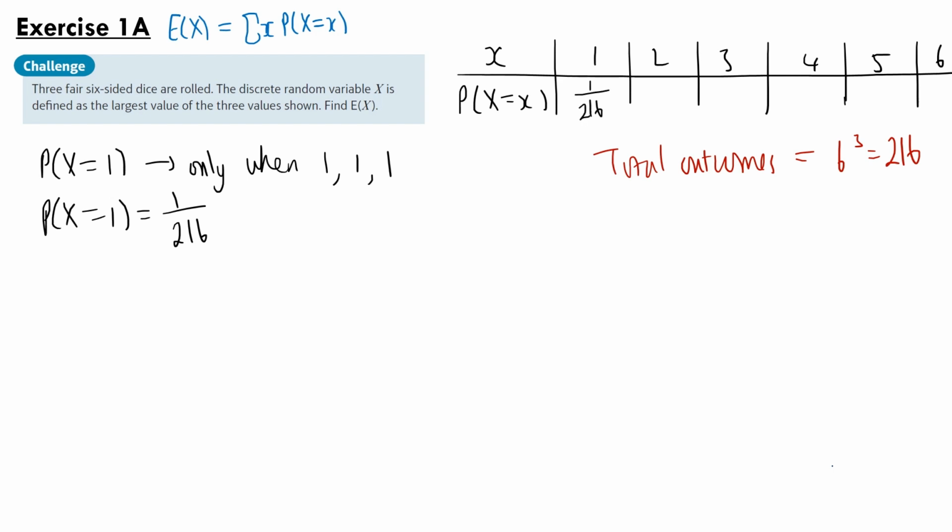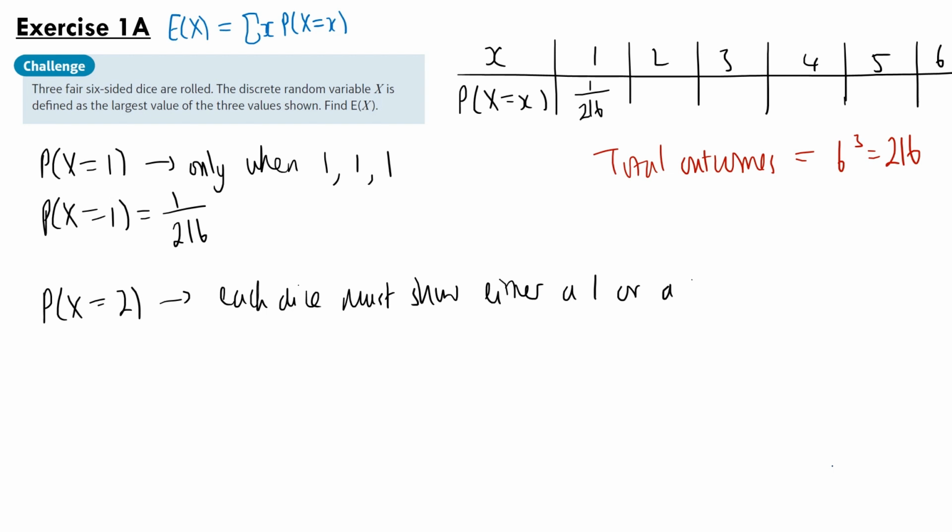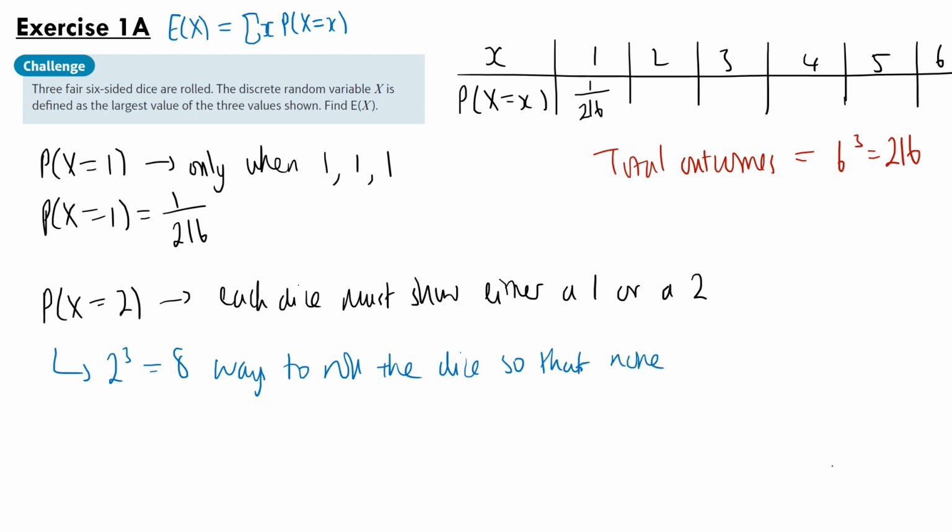Now if we consider the probability that X is equal to 2. For this to happen, each dice must show either a 1 or a 2. And so there are 2 cubed, or 8 different ways to roll the dice so that none are greater than a 2.